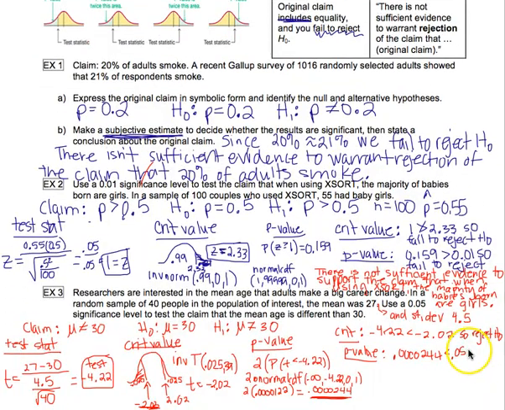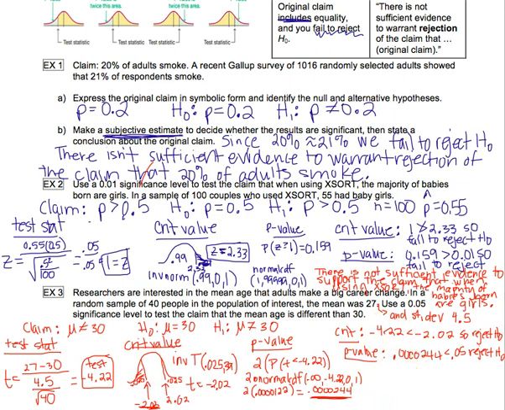So that means we are going to conclude to reject. Most of the time, you are going to get the same answer using the critical value method that you would get using the p-value method, which is why I've said a couple times, and I'll say it one more time here, if it doesn't tell you to do a specific method, choose one or the other and rotate which one you choose. You do not have to do both the critical value and the p-value every time.